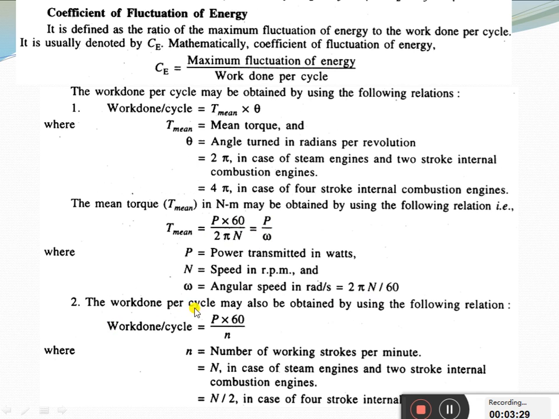So the work done per cycle may be obtained using the relationship P into 60 divided by n. Small n is equal to N by 2 in the case of a 4-stroke IC engine. Small n equals N in the case of a steam engine and a 2-stroke internal combustion engine. Small n is the number of working strokes per minute.